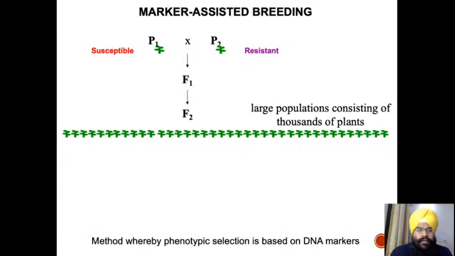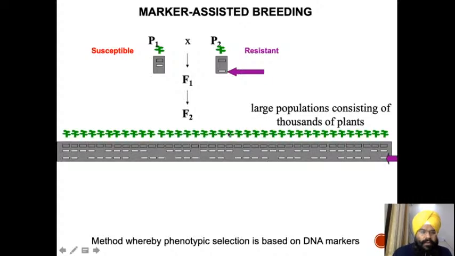But in marker assisted plant breeding, this is your susceptible plant and this is your resistant plant. You make a cross, you have an F1 plant, you have an F2 plant. When you do the electrophoresis, the marker of the susceptible plant, after the restriction enzyme, comes up above, where the resistant one comes down. That's the difference between the resistant and susceptible plants. Then after the cross, you have a large population consisting of thousands of plants.